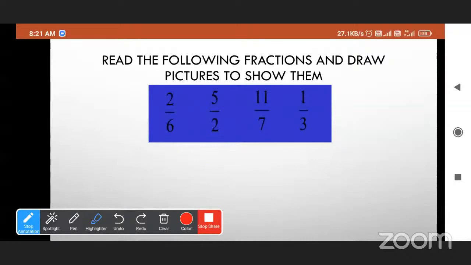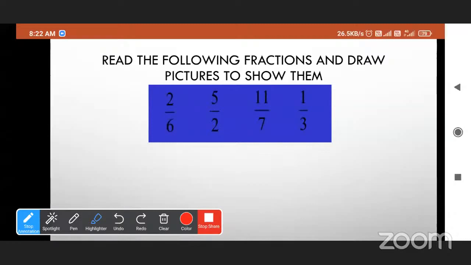Now, read the third one. 11 upon 7. So, here also, wrong. The numerator is 11 and the denominator is 7. So the denominator is smaller than the numerator.